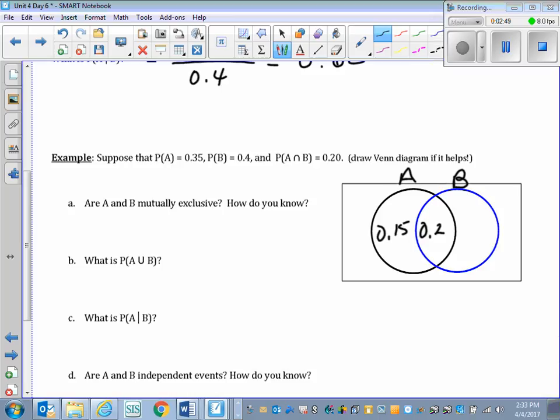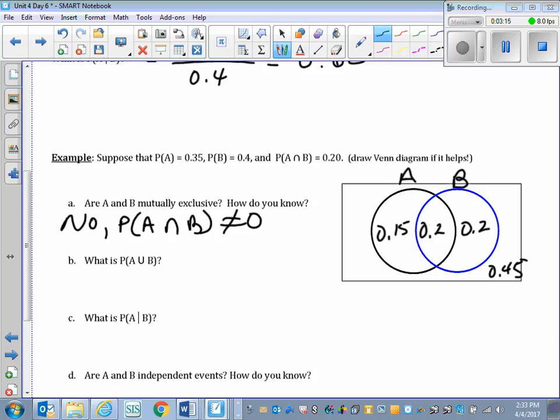Only B is going to be 0.2. And not A and not B is going to be 0.45. So are A and B mutually exclusive? No, because the probability of A and B is not equal to 0. That's how we know that they are not mutually exclusive.